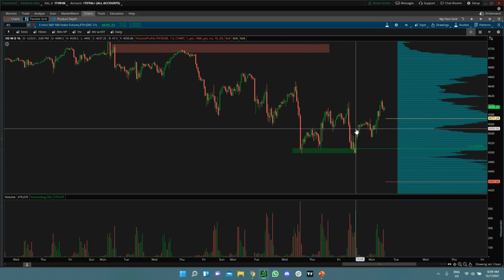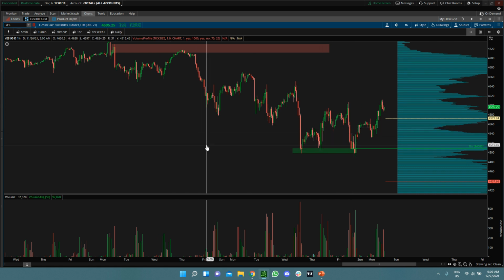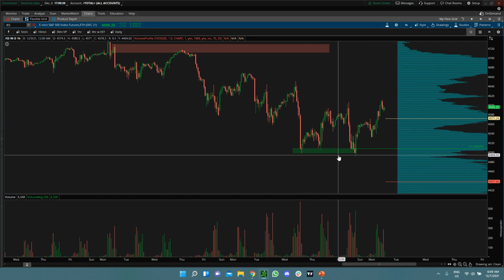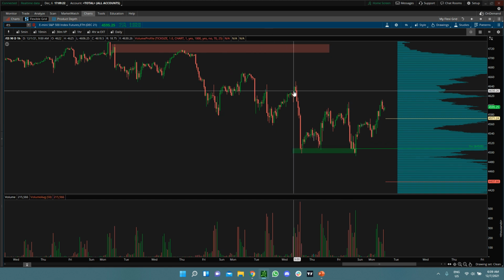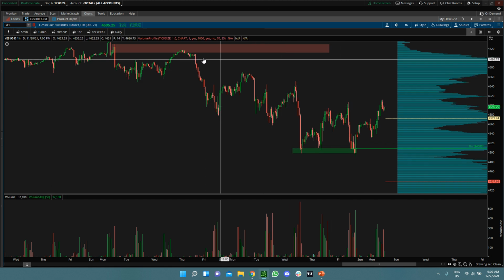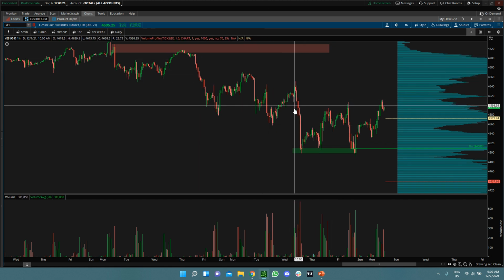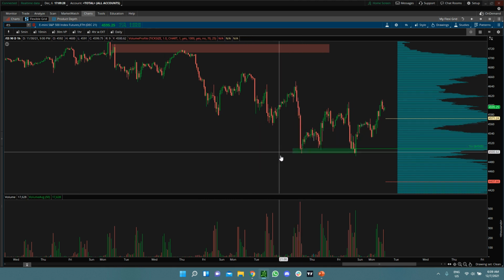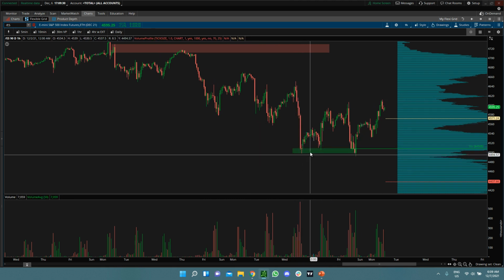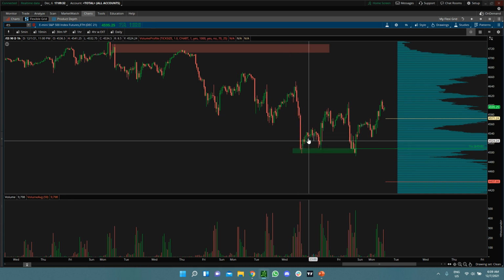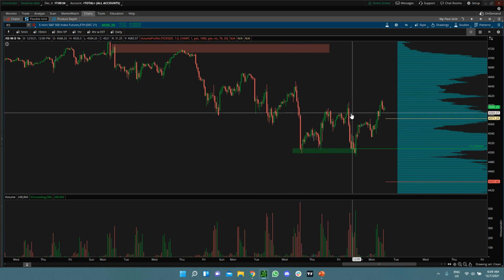But why do I say your drop base rally or rally base drop zones are much more reliable and strong? It's because, as you can see, on this DBR demand zone, it has a huge sell off before buyers stepped in and absorbed all this selling pressure before rallying up again.